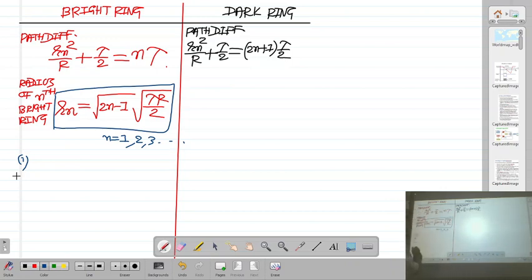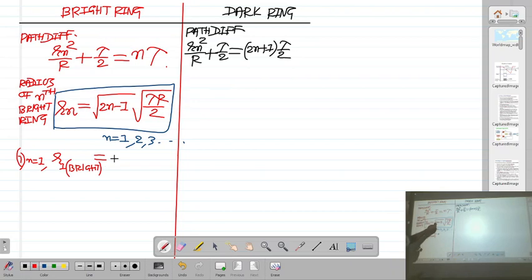For the first bright ring, n is 1. What is the radius of the first bright ring?